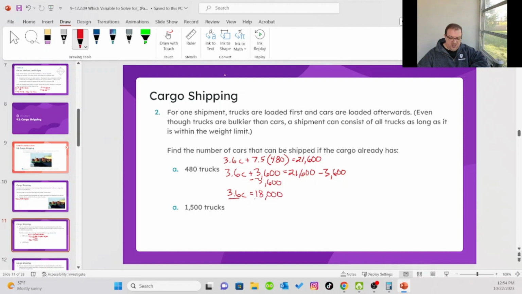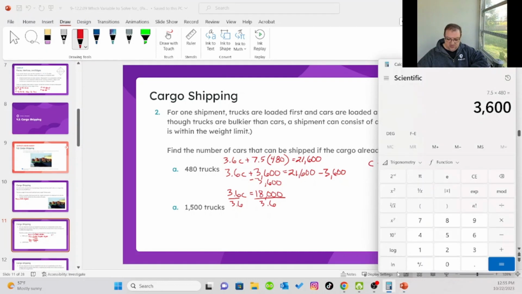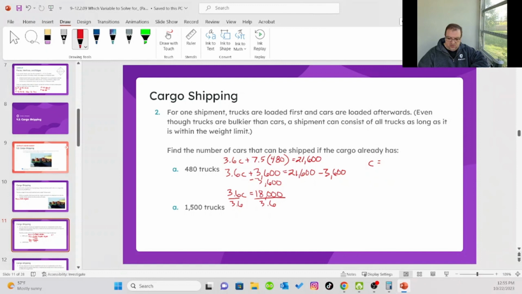Now I need to divide both sides by 3.6, and C equals 5,000. So C equals 5,000 cars.